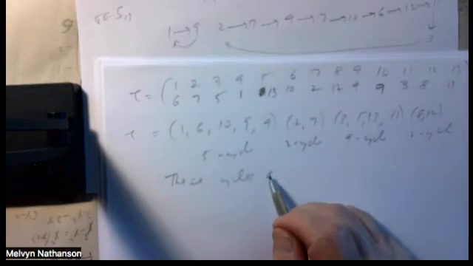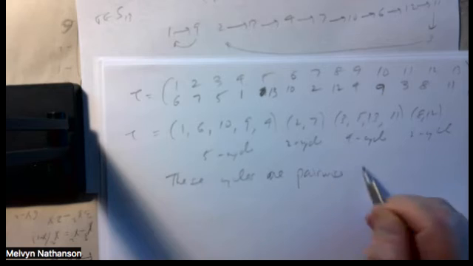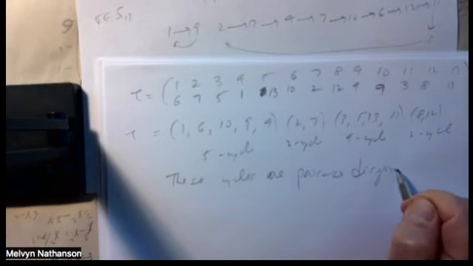And notice these cycles are pairwise disjoint. These numbers are different from these, or different from these, or different from these. And every number pops up one time and only one time.